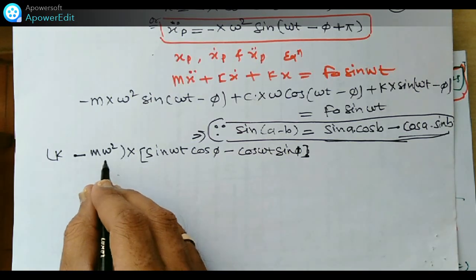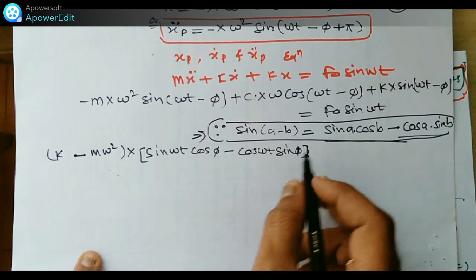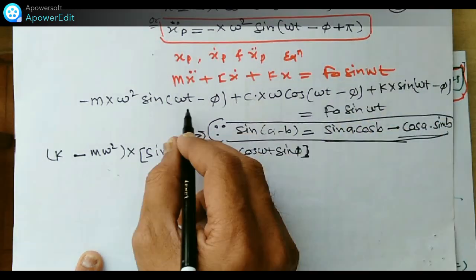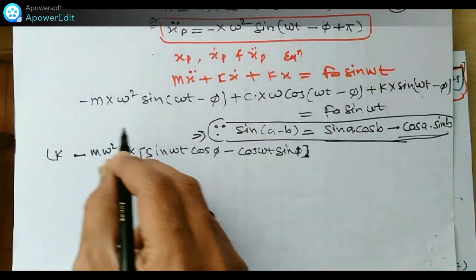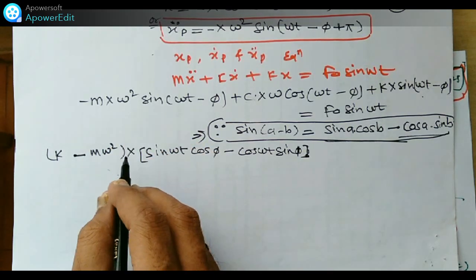With the k and the m omega square term, we have taken the common term and written it here. Again x we have taken common.